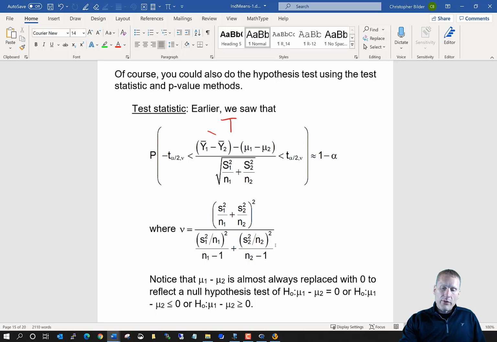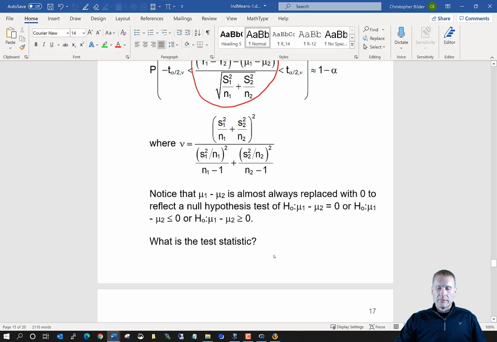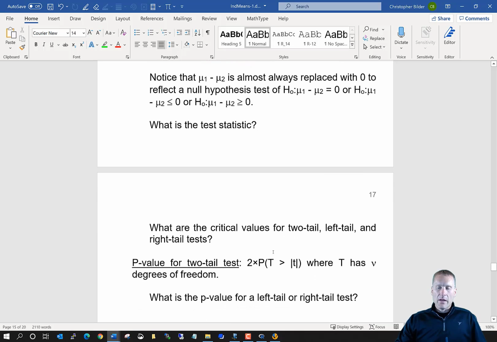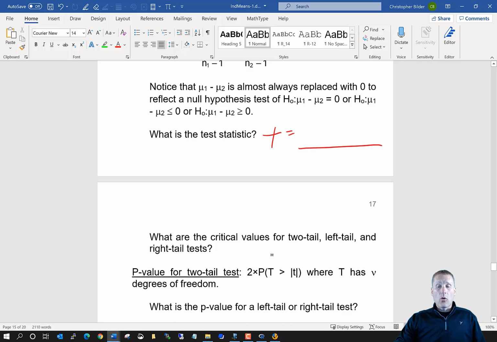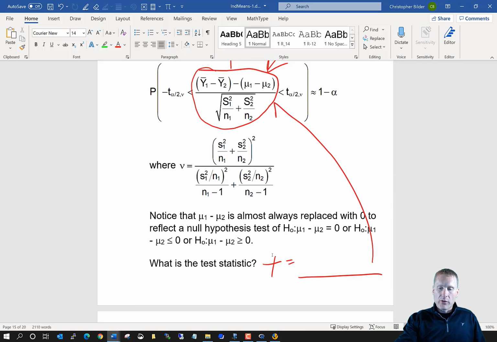Well, rather than going through all those algebraic steps, how about we just simply use the sample version of this quantity that's inside this inequality as our test statistic. So then our test statistic will be t, and we can write it out in terms of the sample quantities or the observed quantities there. So turn the uppercase letters into lowercase letters.